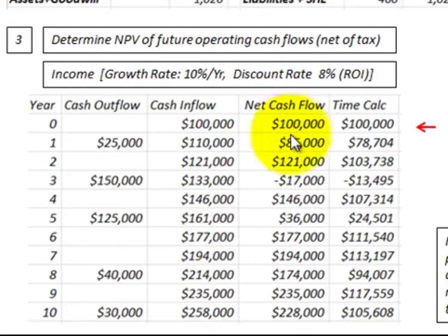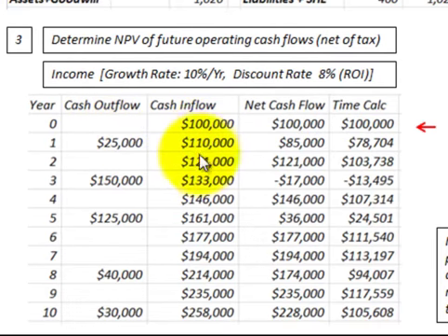And then what we do is we take the net cash flow between the cash outflows and the cash inflows, and then we discount that net cash flow back to the beginning of our calculation, in this case the beginning of year zero. And what these really represent, for example, we make an investment in a machine, a cash outflow of $25,000.